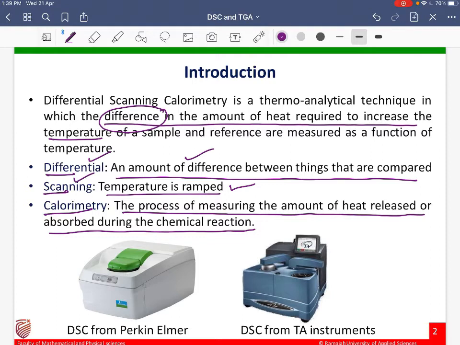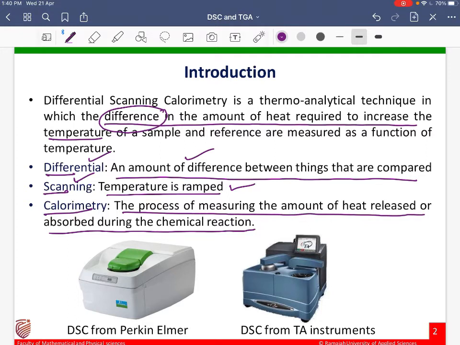That's why the term scanning, from low temperature to high temperature, or high temperature to low temperature, or keeping the sample for a long time at a particular temperature. So either the time is scanned or the temperature is scanned.